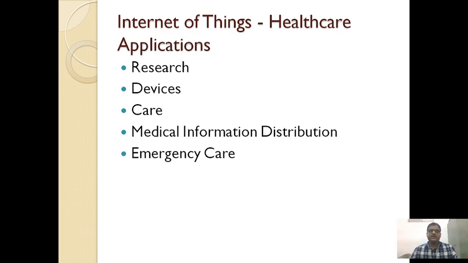Okay, next one is medical information distribution. One of the challenges of medical care is the distribution of accurate and current information to patients. Healthcare also struggles with guidance given the complexity of following guidelines.